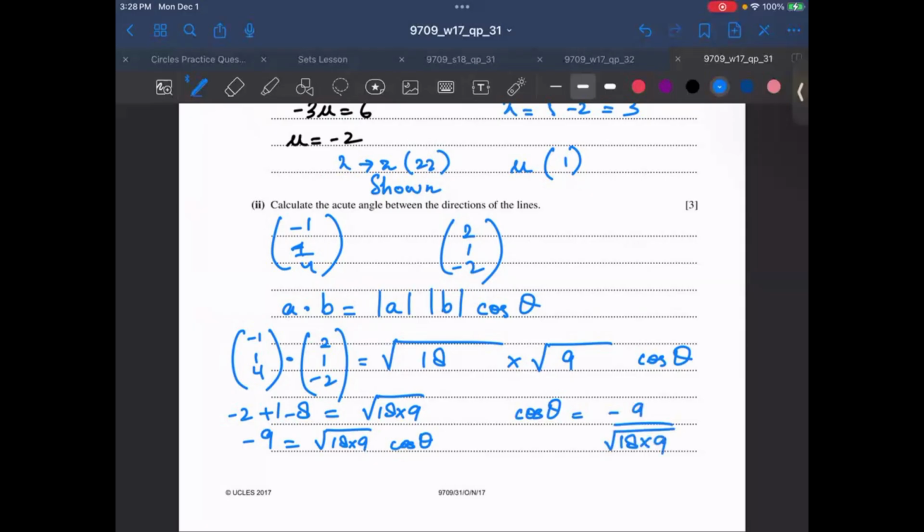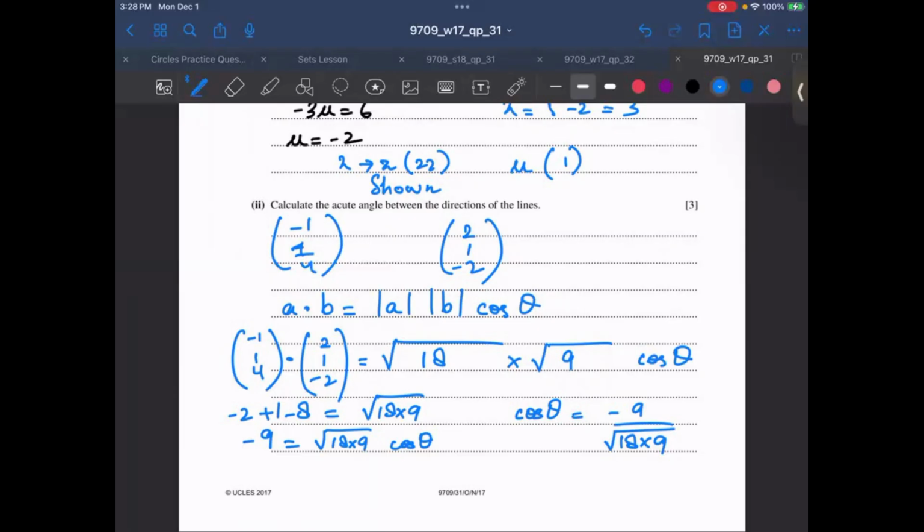Using our calculator for this, we'll get root of 18 times 9, then minus 9 divided by answer, and then shift cos inverse of answer, so the answer is pi upon 4.